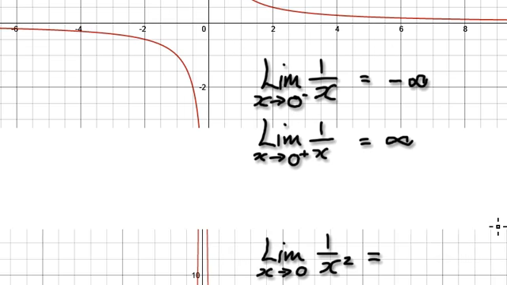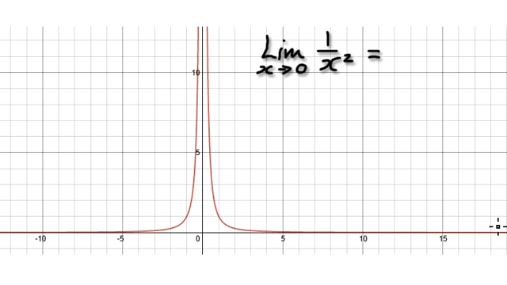Now let's look at the limit as x approaches 0 of 1 over x squared. 1 over x squared looks like this. Here you can actually say the limit heads towards infinity. I know it's not heading towards a definite limit, a capital L, but it is heading towards a definite direction.